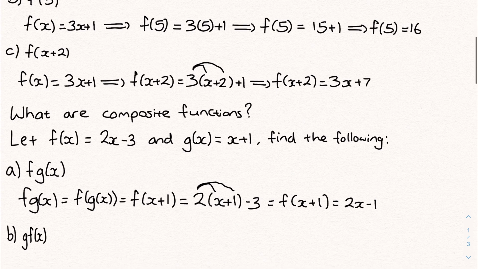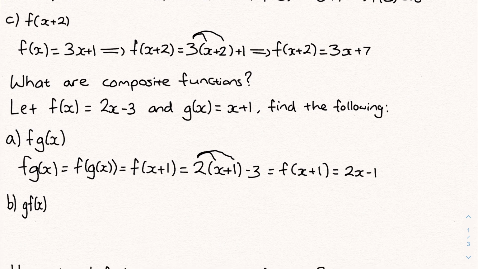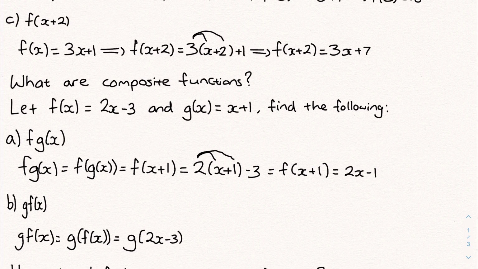Okay. For the next part, we're then just going to find g(f(x)). So same sort of process. We're now finding g of f(x). We've got g(f(x)), where f(x) is now our input. f(x), as we know from the start, is 2x minus 3. So we now have g(2x minus 3). Okay. And then standard sort of question, we're going to replace all our x's in g(x) with 2x minus 3.